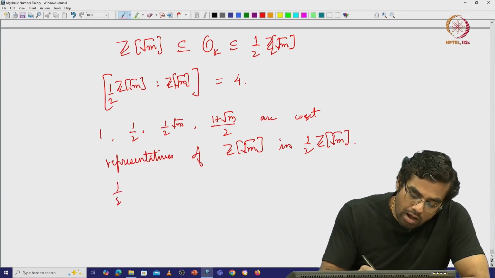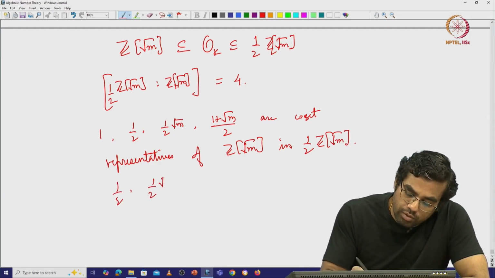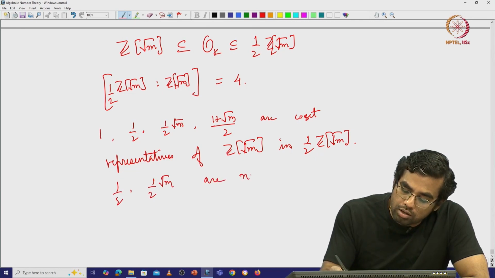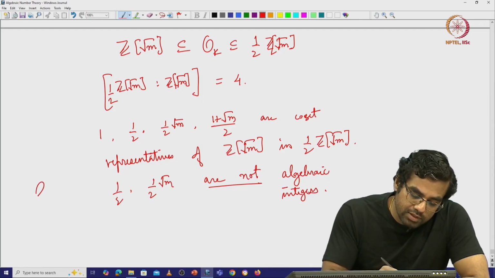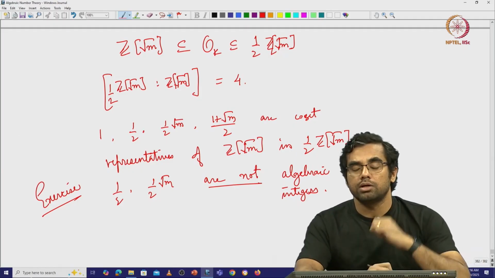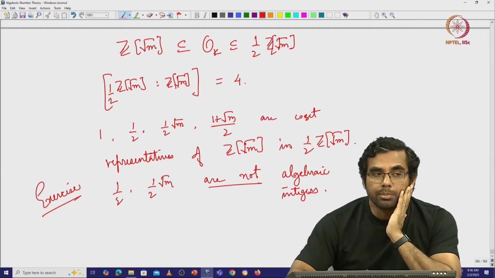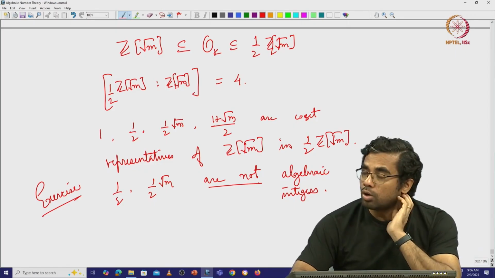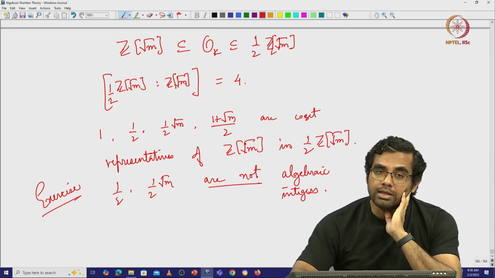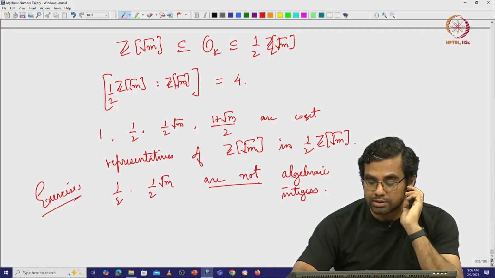So, clearly half and half square root of m are not algebraic integers. If you haven't seen this before, take this as an exercise. Okay, it's not a difficult exercise, but mind you, you have to show that half of square root of m is not a root of any monic polynomial with coefficients in Z. Okay, that's the challenge.